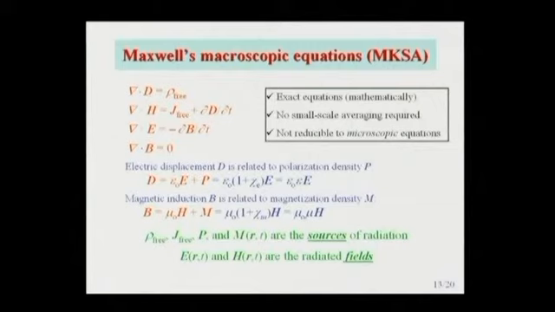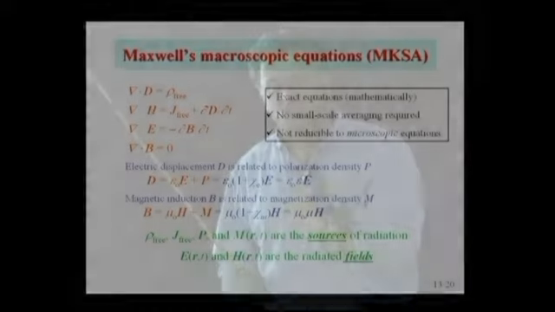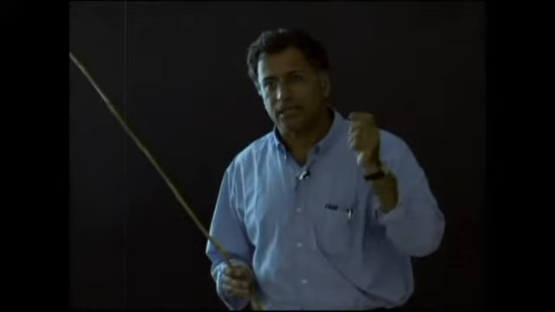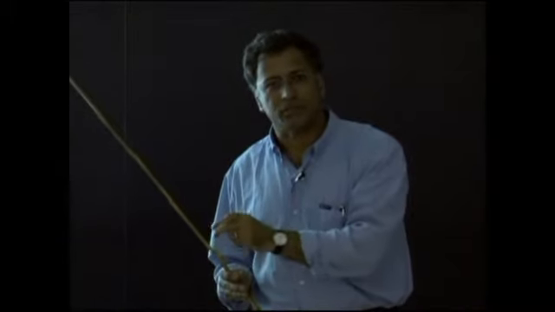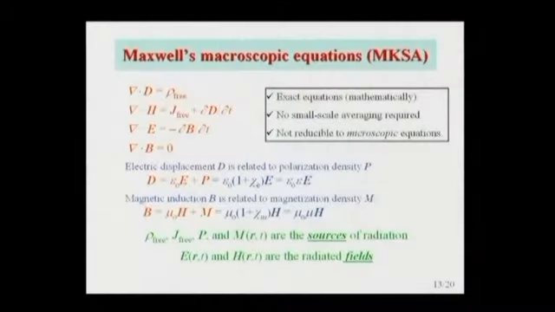If anything, it's nature that is an approximation to these equations. The equations themselves are perfect. They are exact, they're self-consistent, and they're consistent with conservation laws, and they're consistent with special relativity. So no small-scale averaging required if you think of these as just differentiable continuous functions of space and time.